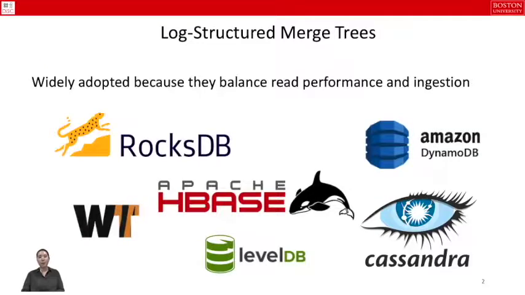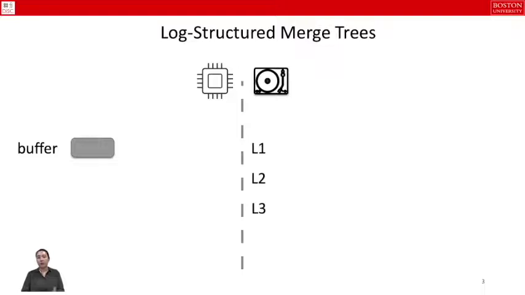The log-structured merge tree is a key-value store that is widely adopted in many database systems, such as RocksDB, LevelDB, and many more, because they balance read and ingestion performance. To support fast writes, LSM-Trees store all inserts in a memory buffer.